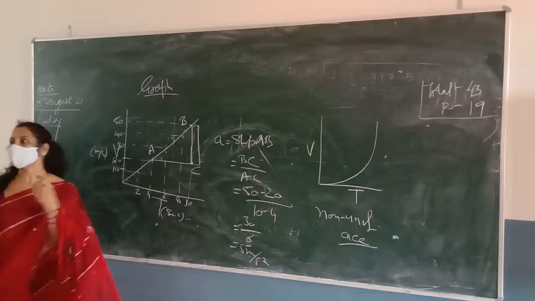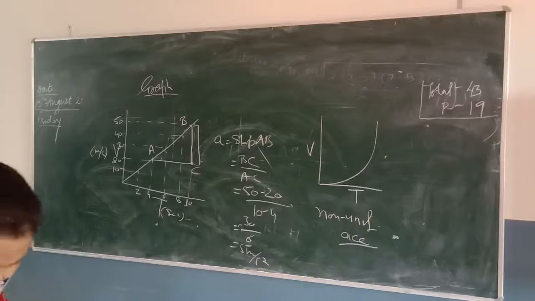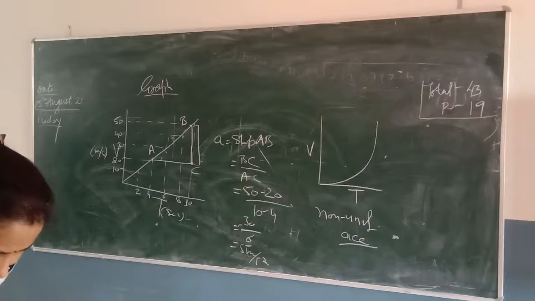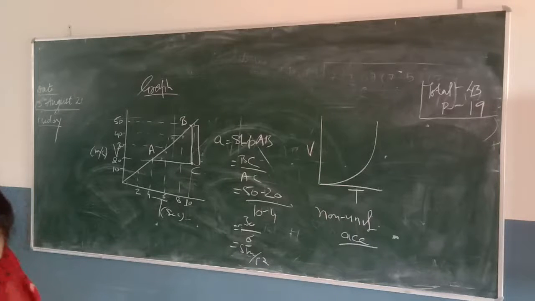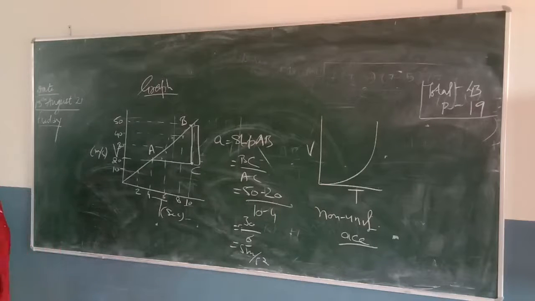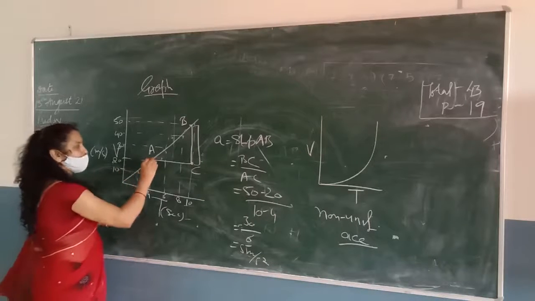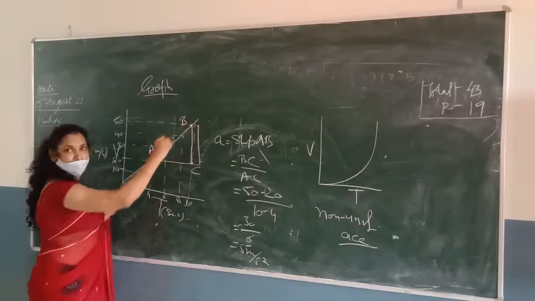So for the calculation of acceleration by using the VT graph, we find out the slope of the graph. And do you know how can we find the displacement by using VT graph? How will you calculate this displacement? Area of the graph. Suppose you have to calculate the distance covered from A to B. Then what will you do?